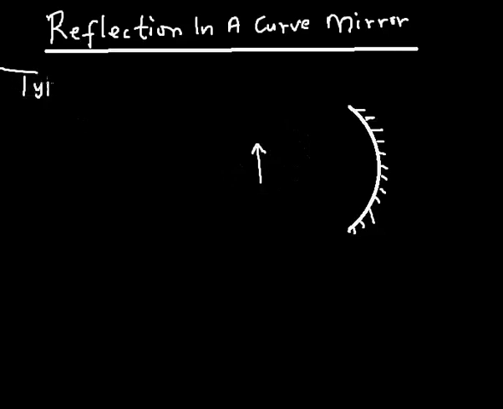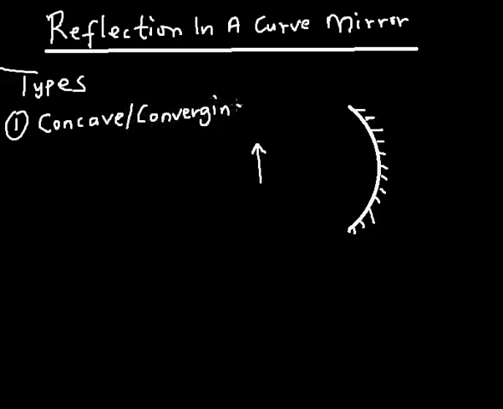Let's look at the types. We have the concave, or converging mirror. So it is either concave or converging, and I will tell you why it's called concave or converging.